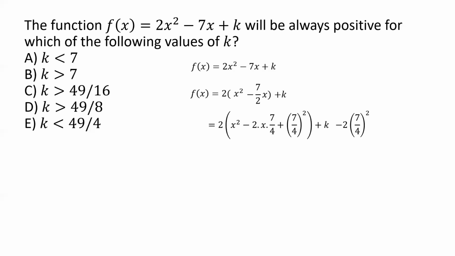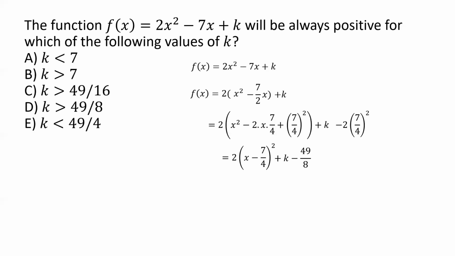Now we have completed the square, because we could write that expression within parentheses as 2 multiplied by x minus 7 by 4 whole squared, and then we are left with k minus the other term, 2 multiplied by 7 by 4 whole squared, which comes to 49 divided by 8. So we have 2 multiplied by x minus 7 by 4 whole squared plus k minus 49 by 8.